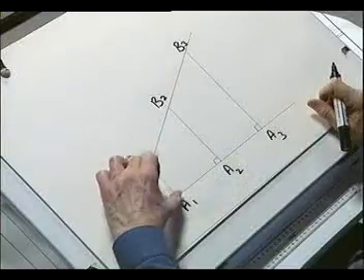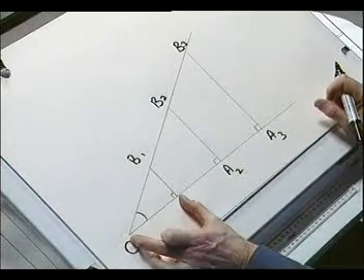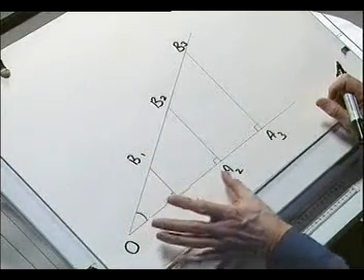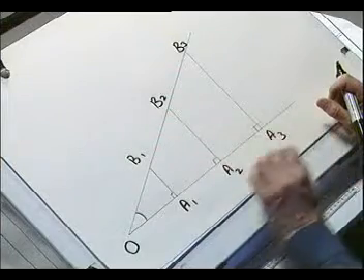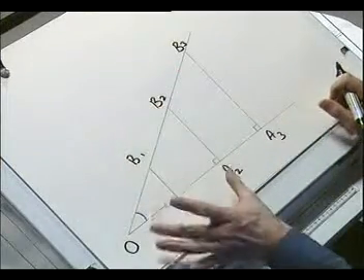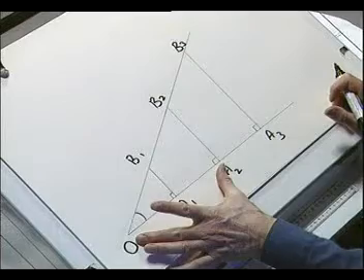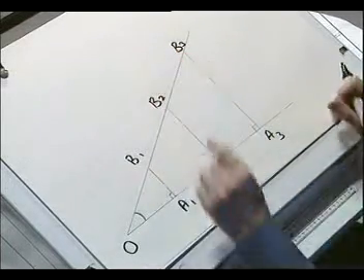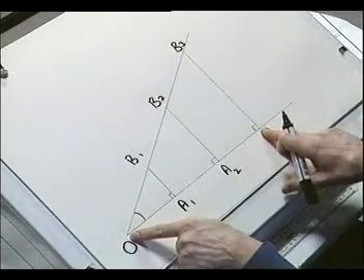And what I want to have a look at is what's the ratio of that length to that length as we extend. So that length to that length, and then that one to the whole of that.